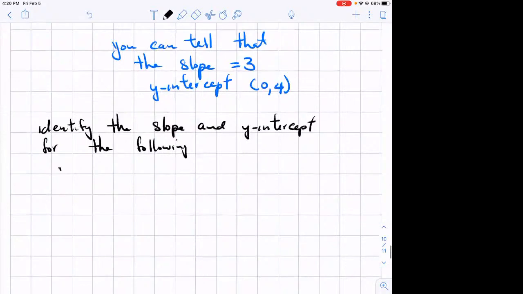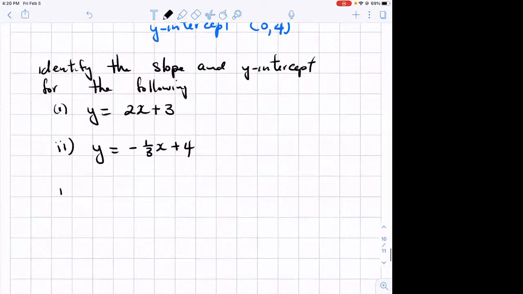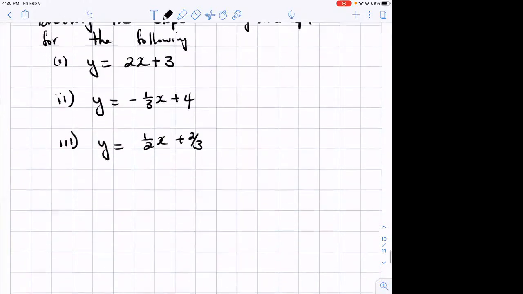So if you have 1, y is equal to 2x plus 3, 2, y is minus 1/3 x plus 4, 3, y is equal to 1/2 x plus 2/3, and 4, 2y is equal to 4x plus 8.